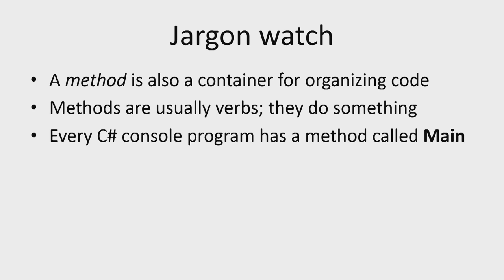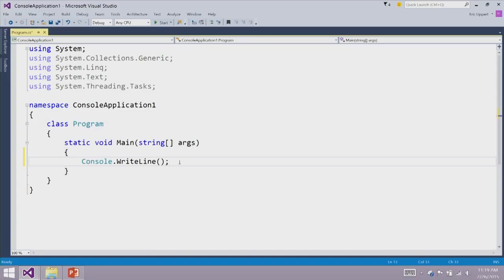Or MoveNorth, or whatever it is in the domain that you are writing your program about. There are verbs, and they are associated with those nouns. Methods are the things that actually do something in your program, right? And as I mentioned, every C# console program has a method called Main, and it is the one that runs when your program starts. Let's make this program actually do something.